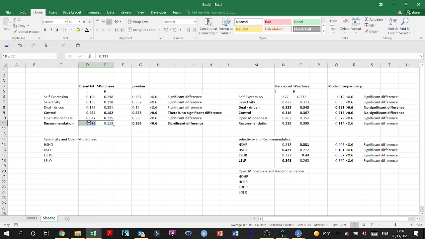So this is all right. The only thing that is not all right is recommendation. When you are high on recommendation, the brand fit, not unfortunately, it's actually fortunate maybe, is showing you certain routes. So basically you can assess the audience of a certain influencer by assessing their characteristics.